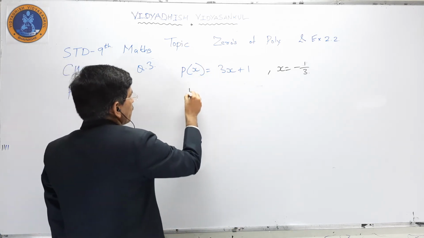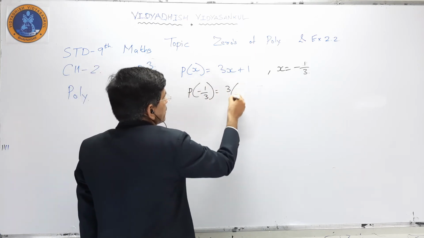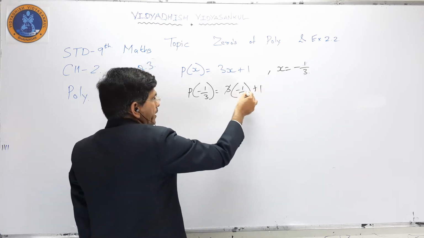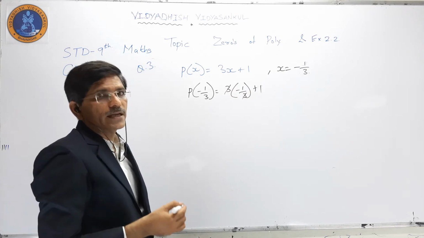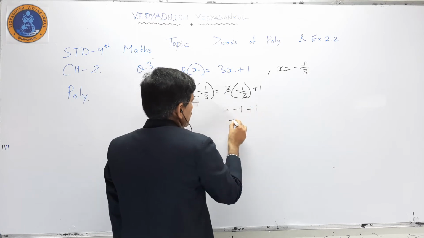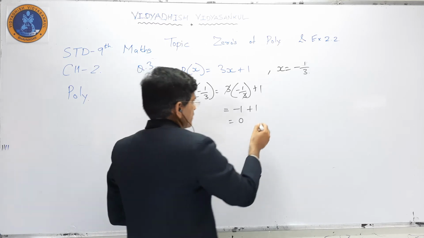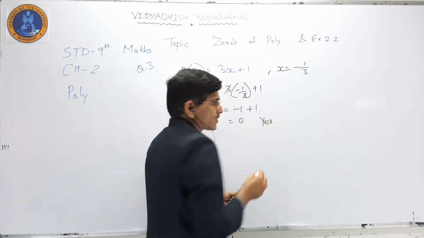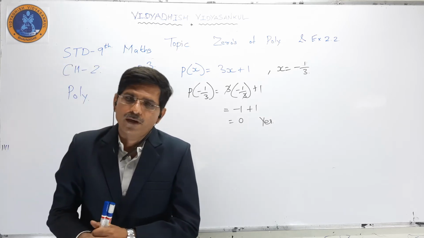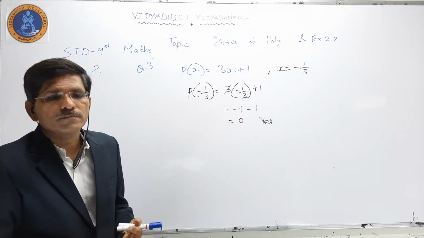So P of minus 1 by 3 is equal to 3 into minus 1 by 3 plus 1. Numerator and denominator we can cancel in multiplication. So minus 1 plus 1, that is 0. So we can say yes, it is a zero of the polynomial.